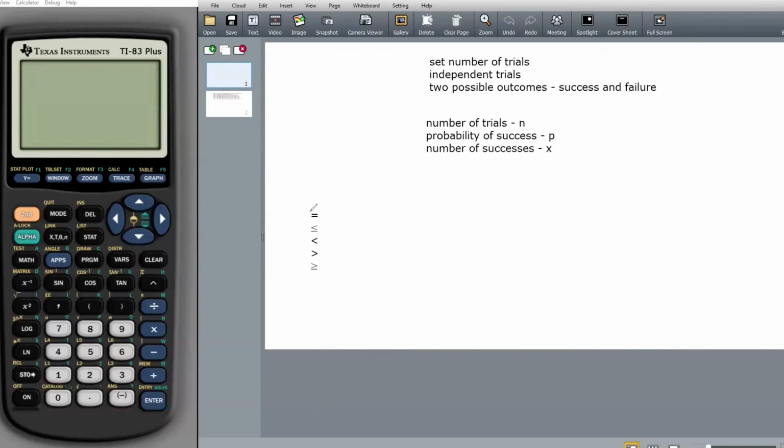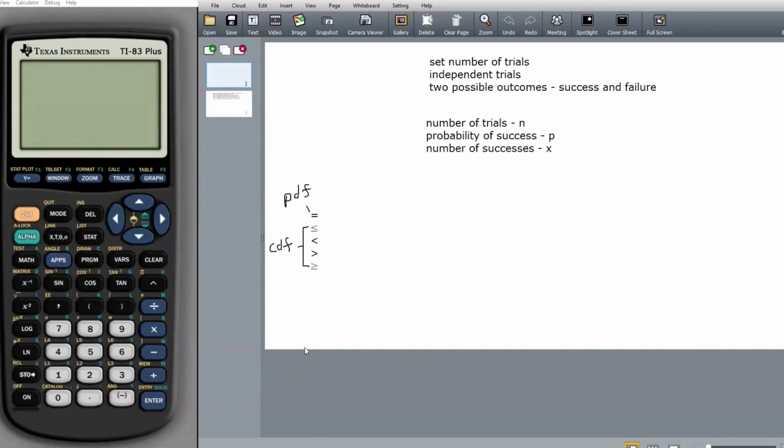If I am calculating the probability that X equals a number, then I'm going to use the PDF function in my calculator. But if I include any inequality, I am going to use the CDF function instead.